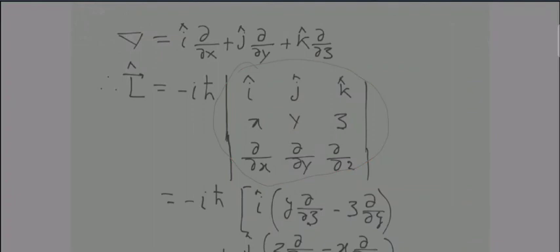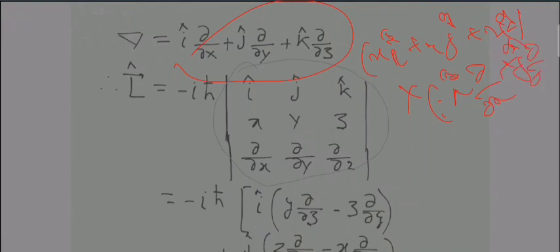After I denote it in the form of this determinant, I will just arrange the values, because what I have is x i cap plus y j cap plus z k cap in cross product with i hat del by del x plus j hat del by del y plus k hat del by del z. I have all these things in the cross product.